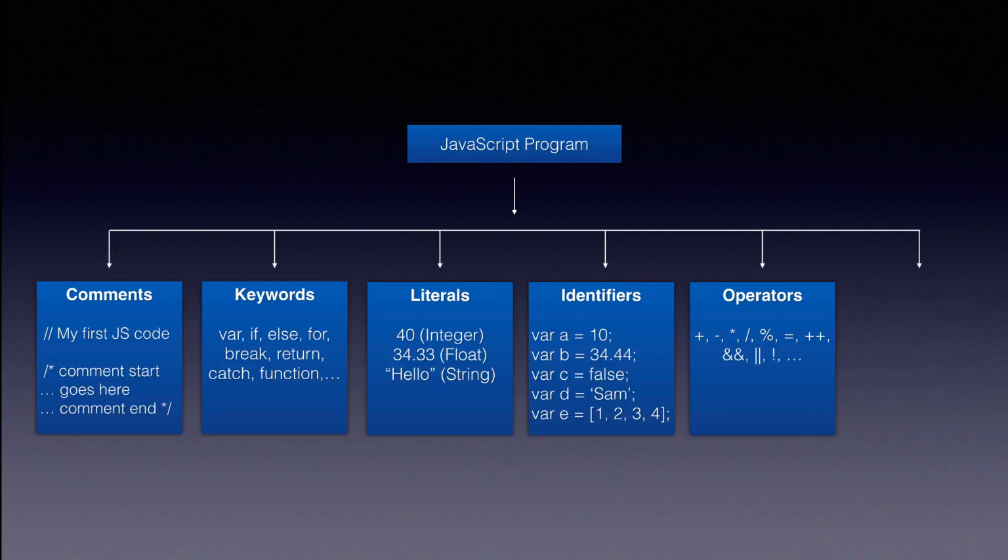Operators. An operator is a symbol which operates on the operands to perform mathematical or logical manipulation. Expressions. Expressions are combinations of variables and literals interconnected with operators. They can be evaluated using the assignment operator.